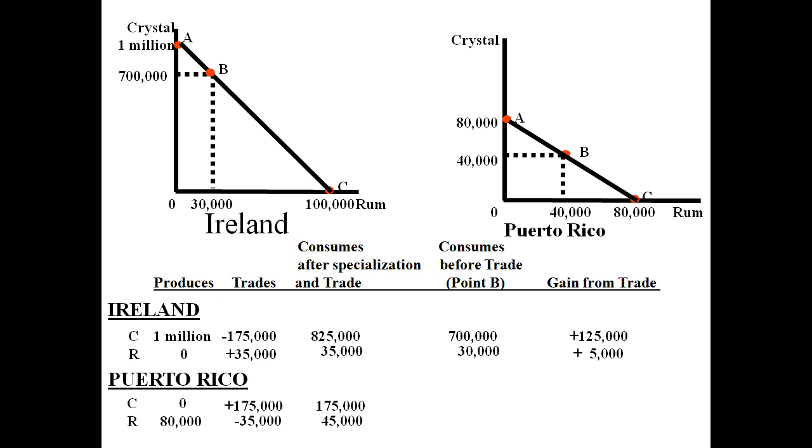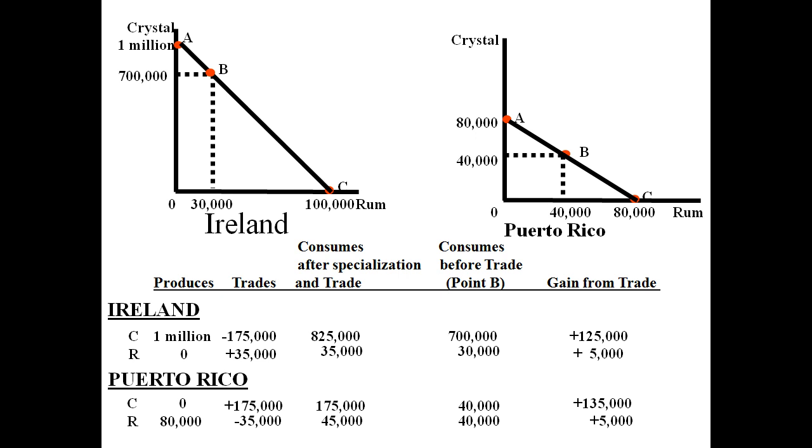Now, if they moved from C to B instead of trading with their trading partner, they would be at 40,000 crystal and 40,000 rum. So you can see a gain from trade there of 135,000 crystal and 5,000 rum. So both of these countries actually became better off through specialization and trade.